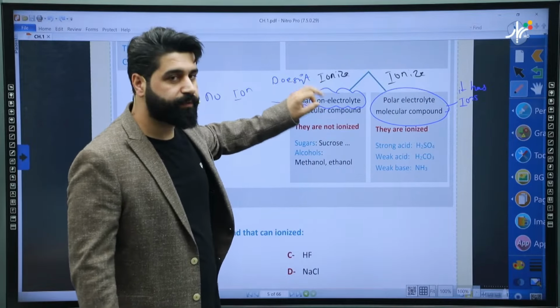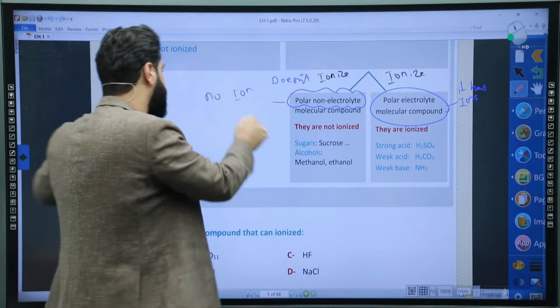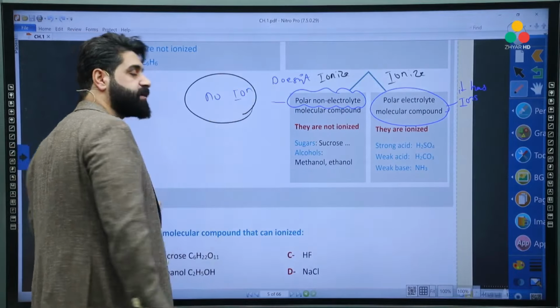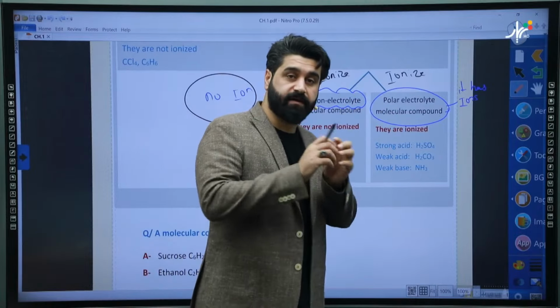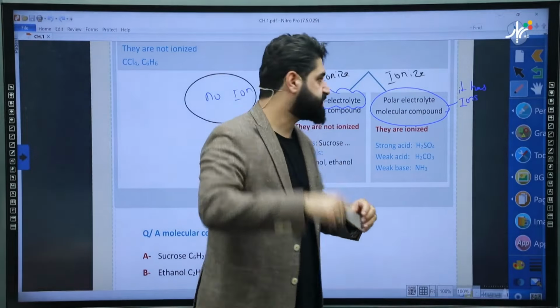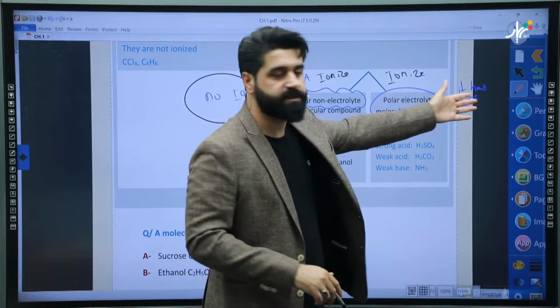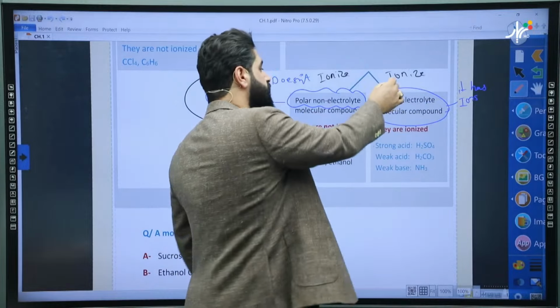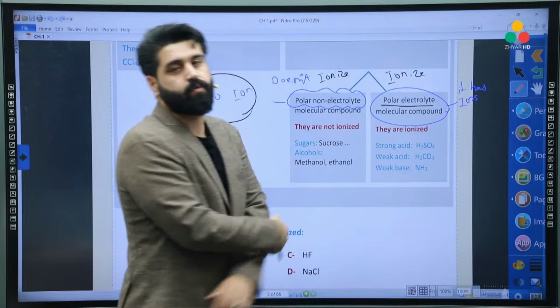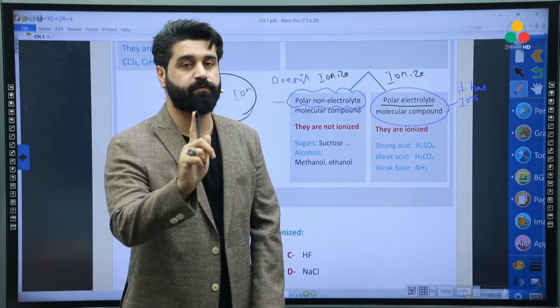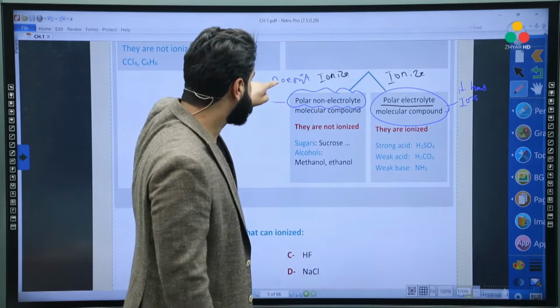So please, this is our point. Polar non-electrolytes don't ionize when we put them in water, that's why we get no ions. But polar electrolytes do ionize when we put them in water, that's why they produce ions. Don't forget, it's very important.